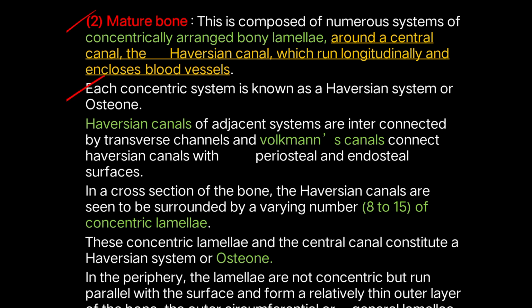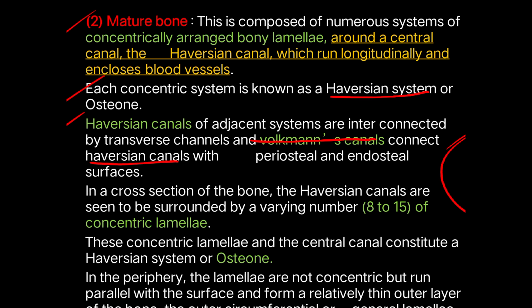Each concentric system is known as Haversian system or osteon. Then Haversian canals of adjacent systems are interconnected by transverse channels, that is called Volkmann canal, which connect Haversian canals with periosteum or endosteal surface. So Volkmann canals are horizontal.